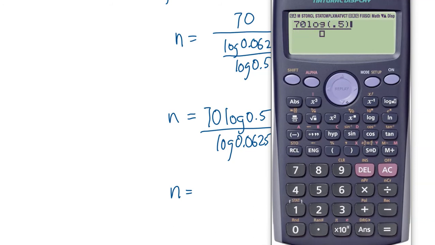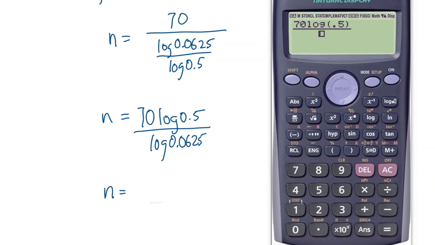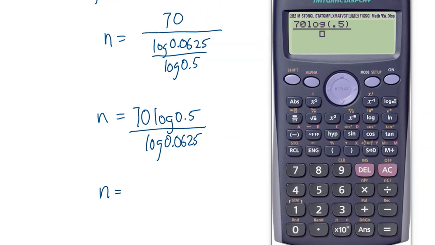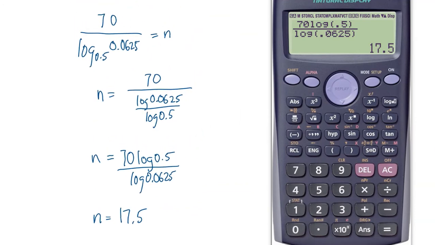Wait, why is there 70 there? What do you mean? Where would it go? It's 70 over the log.